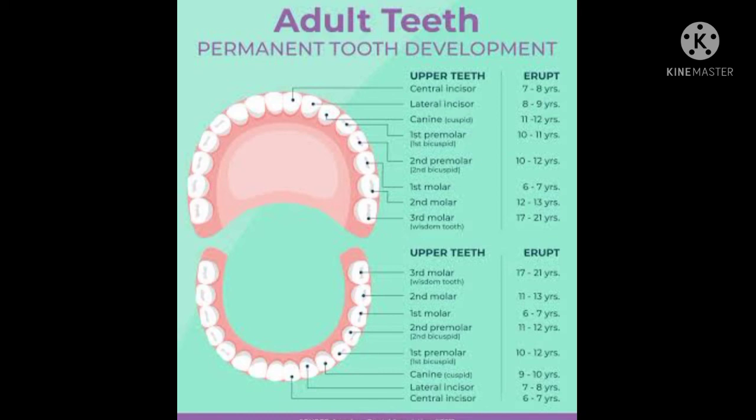Canine erupts at 9 to 10 years. Then the lateral incisors erupt at 7 to 8 years, and the central incisors erupt at 6 to 7 years. It means the lower jaw incisors erupt first, then the upper jaw incisors erupt. There is a distance between the incisors.